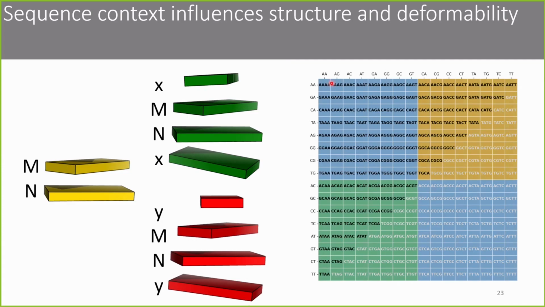So AAAA would actually look identical to a TTTT tetramer, because AAAA in the complement is TTTT in the coding strand. So we can make the assumption that if we see on the coding strand AAAA or TTTT, we can collapse that into one tetramer.